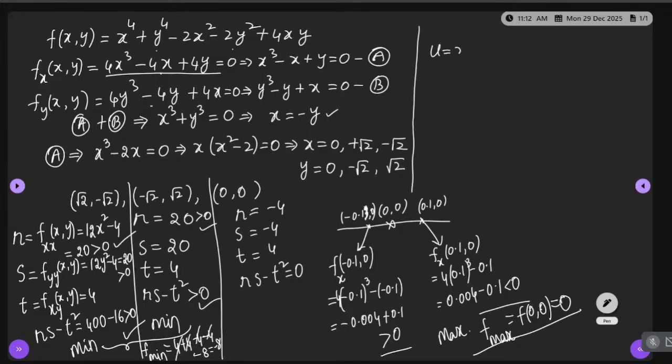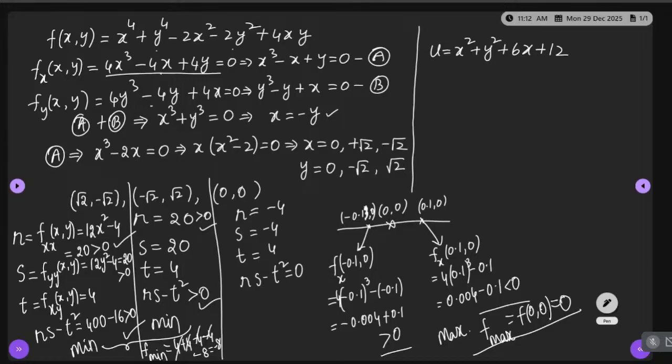Write the options. First one, maximum at x equals 3, y equals 0.